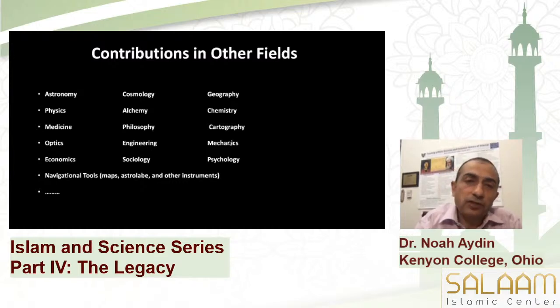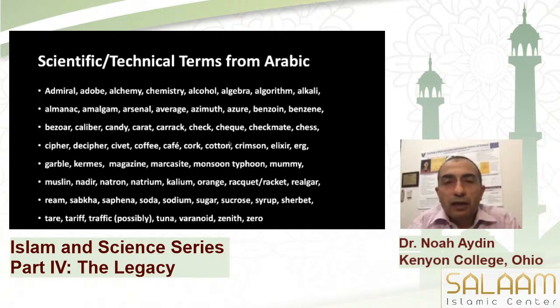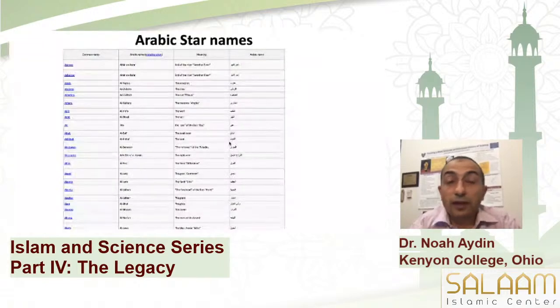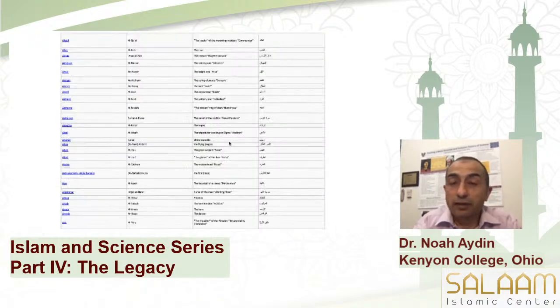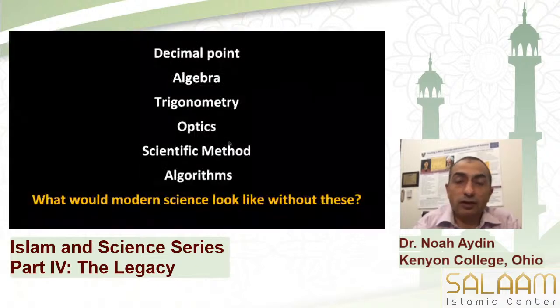As an indication of this, we have so many technical and scientific terms in English that come from Arabic, in all kinds of fields, right? And yet another indication of this legacy is that many, if not most, of the star names are actually Arabic, right? Why is that? Because of the significant and massive contributions of Islamic scholars to astronomy. There are just so many of these star names.